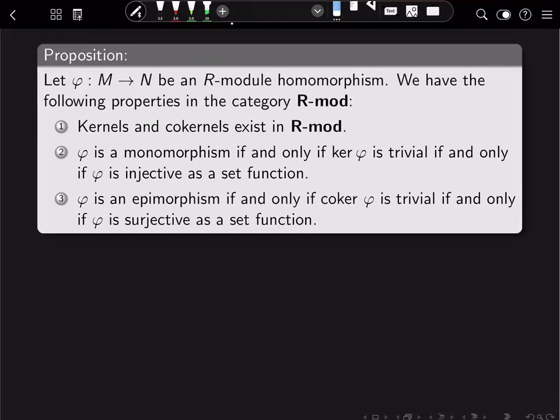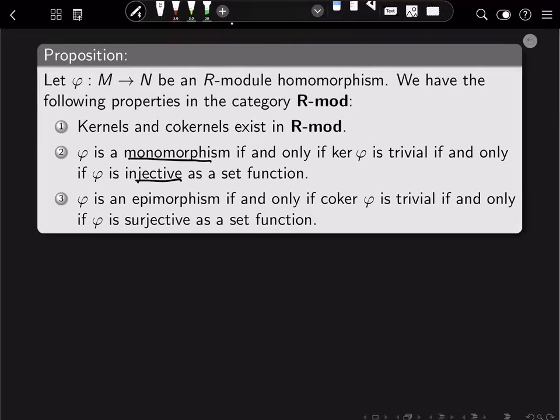So we tend to take it for granted because most of our work happens in nice categories, like the category of abelian groups and the category of R modules. We have this equivalence between being a monomorphism and being injective as a set function.